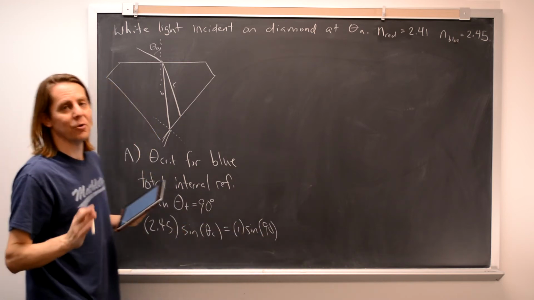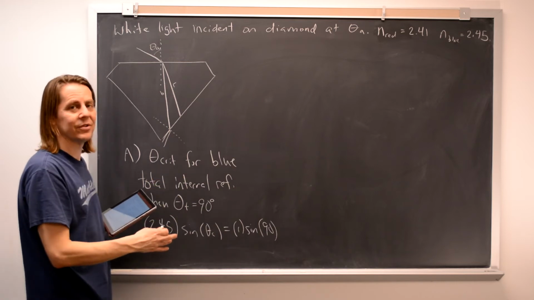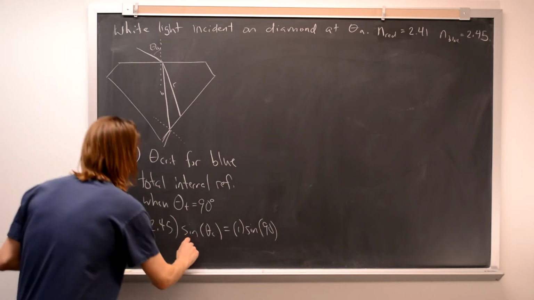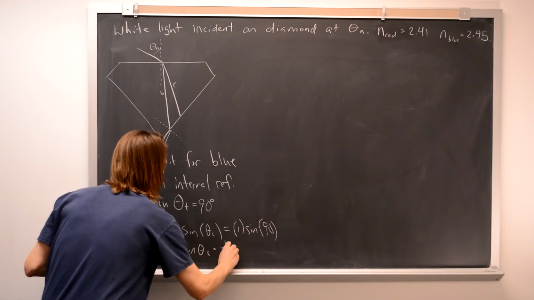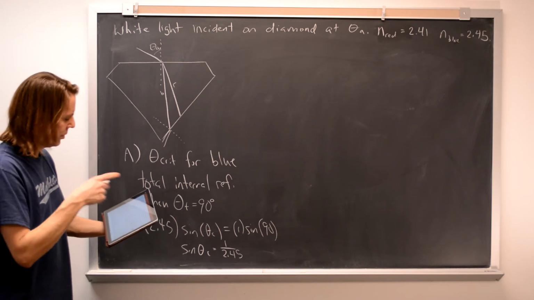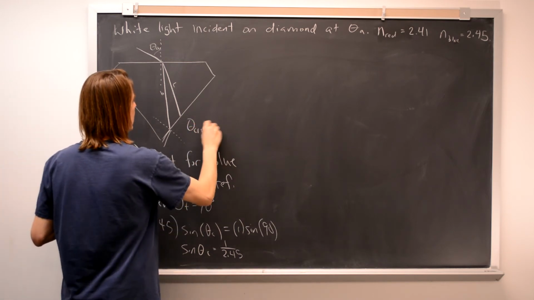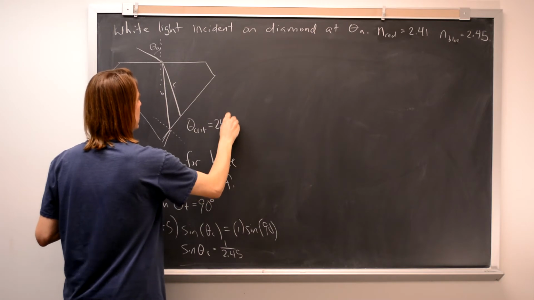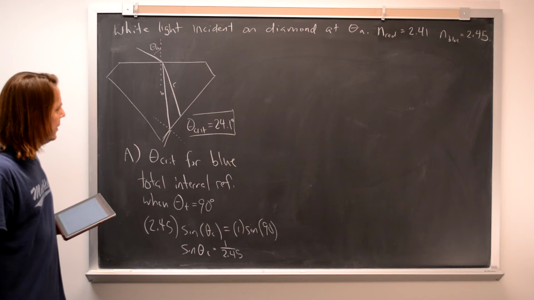The formula you remember is that the sine of the critical angle equals 1 over the index you're coming out of. So sine theta c is 1 over 2.45. Once you run the numbers, that value is 24.1 degrees. And that's the answer to part A.